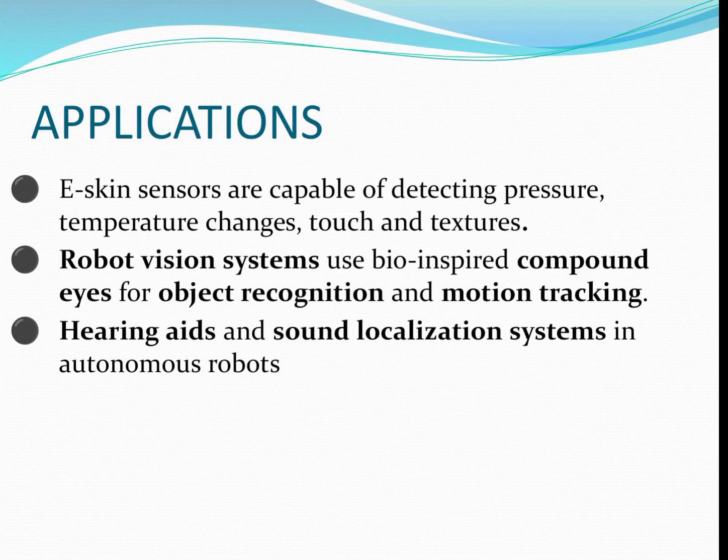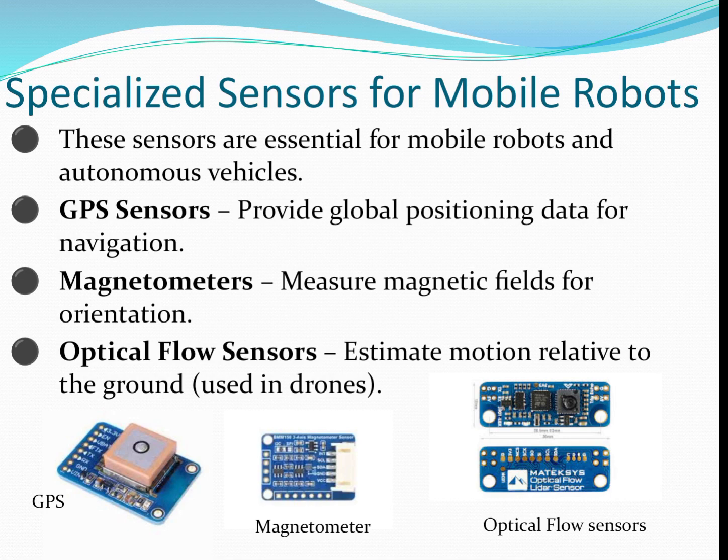Applications: e-skin sensors are capable of detecting pressure, temperature changes, touch, and textures. Robot vision systems use bio-inspired components for object recognition and motion tracking. Also hearing aids and sound localization systems in automotive robots.